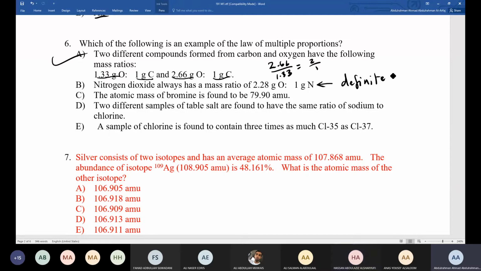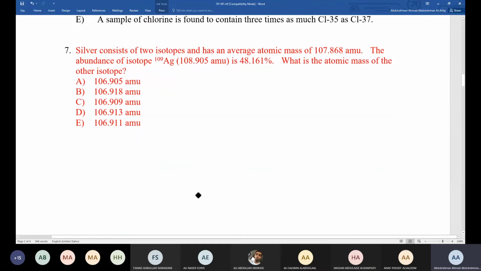Good. Silver consists of 2 isotopes, Ag109 and another one, whose mass we don't know. But this one has this percentage. This means the other isotope has what percentage? 100 minus 48.161.